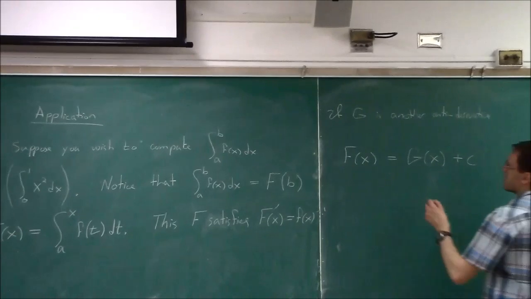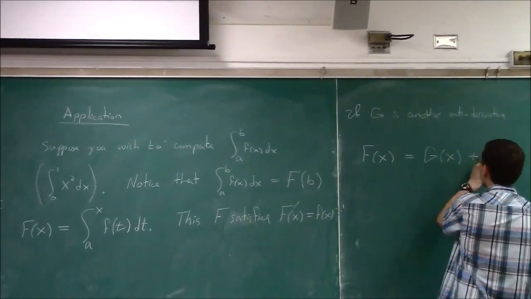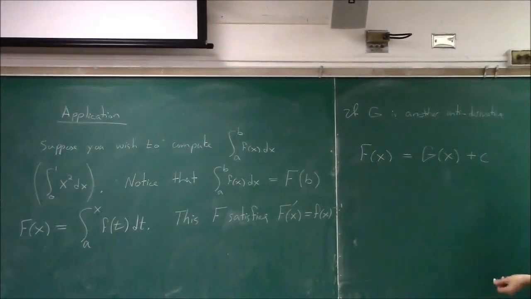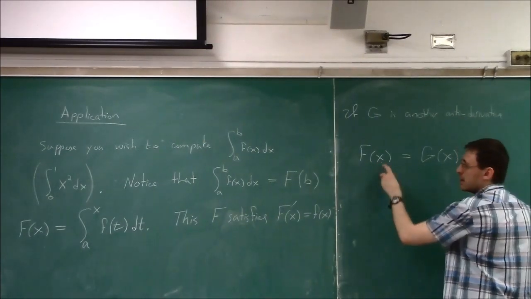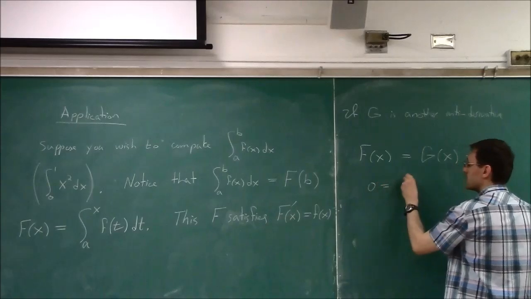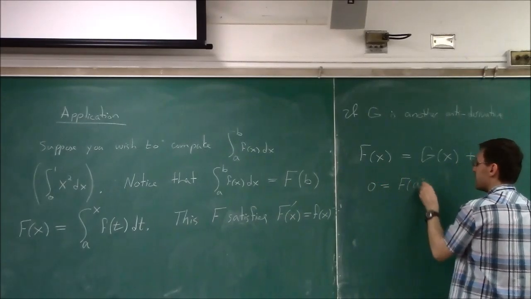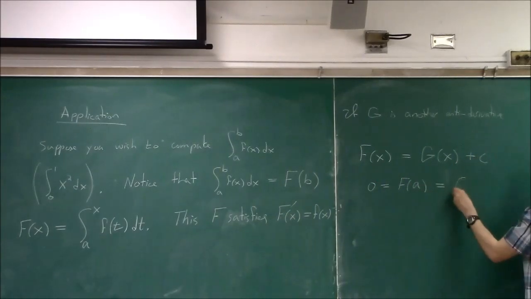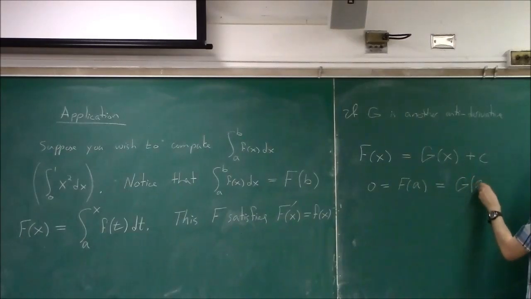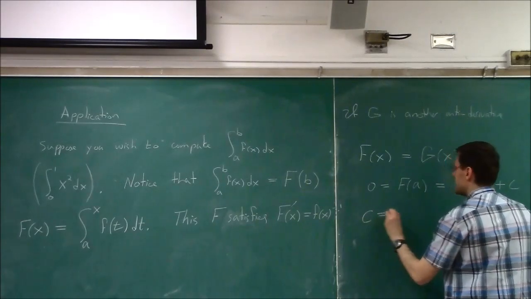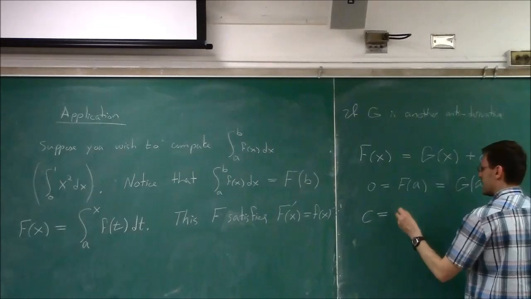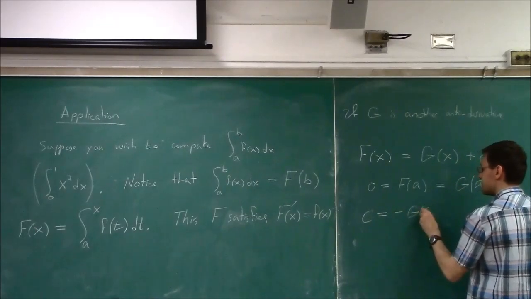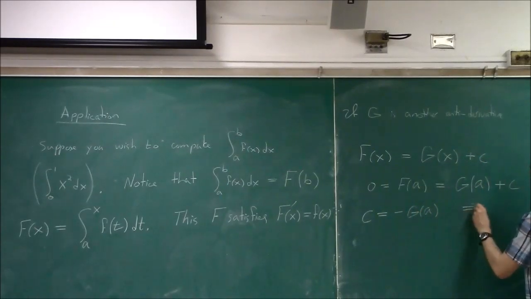So what happens then is I can figure out what C is, and then I have another formula for F. So in particular, I plug in A. So we have that 0 equals F of A, which is equal to G of A plus C. And therefore, C is equal to minus G of A.